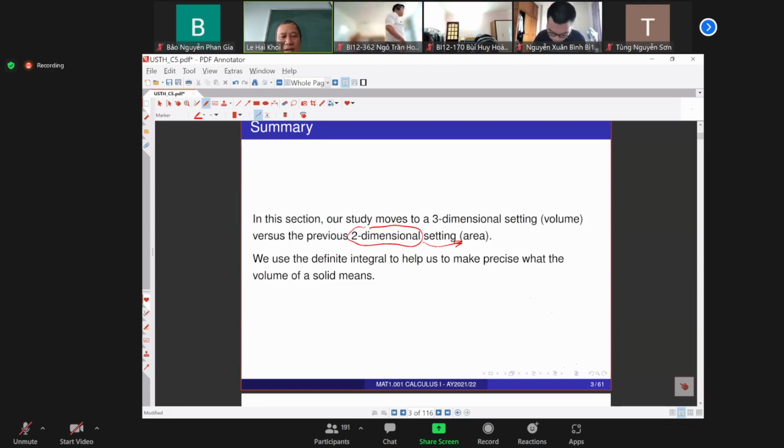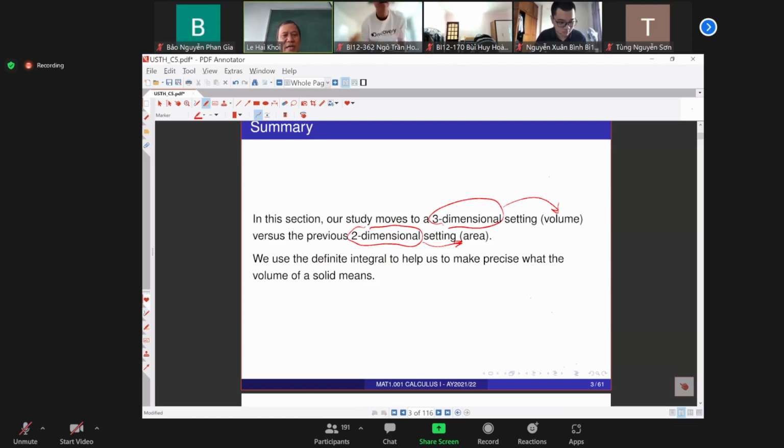And we develop the idea of this method for finding area to the three-dimensional case, which is the volume. Okay? That is very important. We have the same idea.